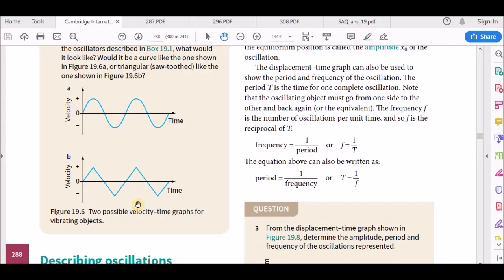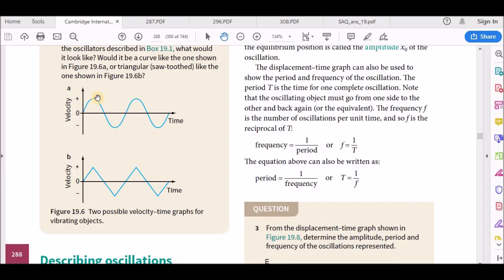So when it's a velocity time graph, it's different. Here the velocity is changing with time, and the gradient of a velocity time graph is acceleration. Okay, so if you look at this graph, the acceleration is constant, but over here the gradient is not constant, it's changing, it becomes 0.